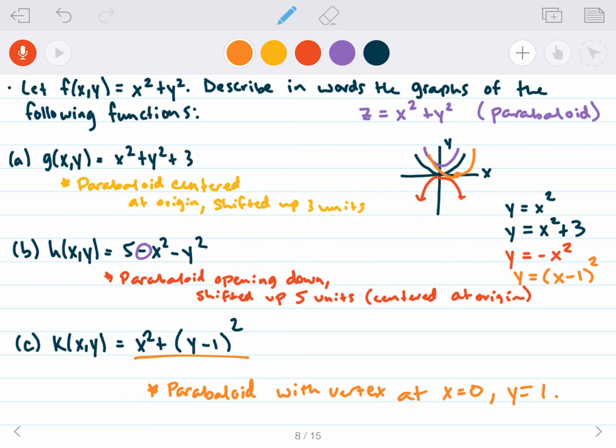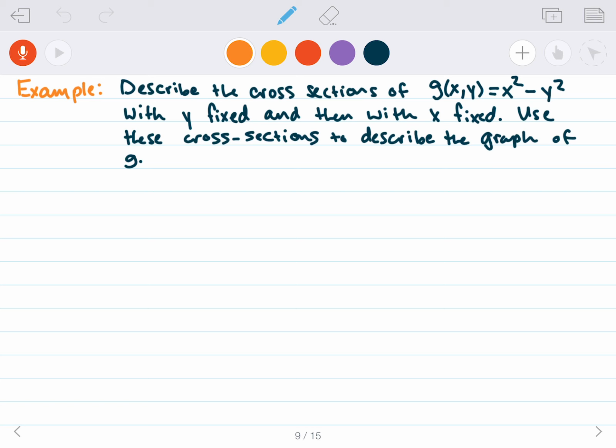Okay? Alright, describe the cross sections of g of x comma y equals x squared minus y squared with y fixed and then x fixed. Use these cross sections to describe the graph of g. Okay, so let's go ahead and, as I said, cross sections and trace can be used interchangeably.